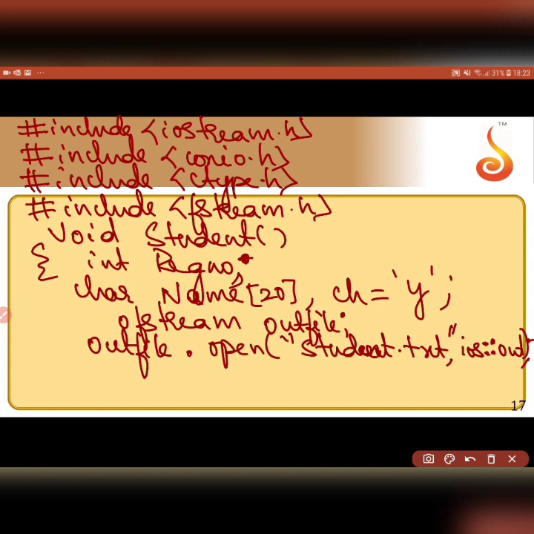Then I need to first open the file to write, so I am using the open function here. Object dot open function, and it takes two arguments. One is the name of the file and then the mode. First is student.txt, the name of the file which I am going to write to, and then ios scope resolution operator out. If I say in, it is for reading, out is for writing. So this will continue now.